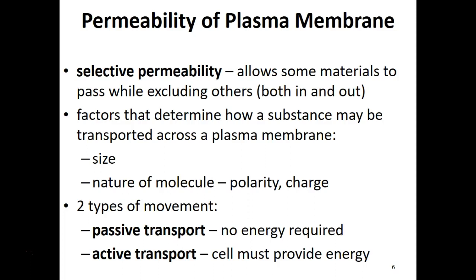If the molecule is charged, so it's a polar molecule, or if it is very large, it's not going to move across the membrane. Then it's going to have to find another way to get in, either through facilitated diffusion, where it moves across a protein channel or carrier protein, or through an active mechanism where it is using energy to pull the molecules in.